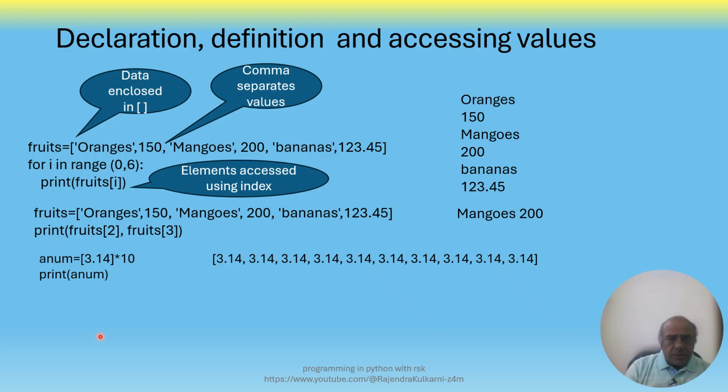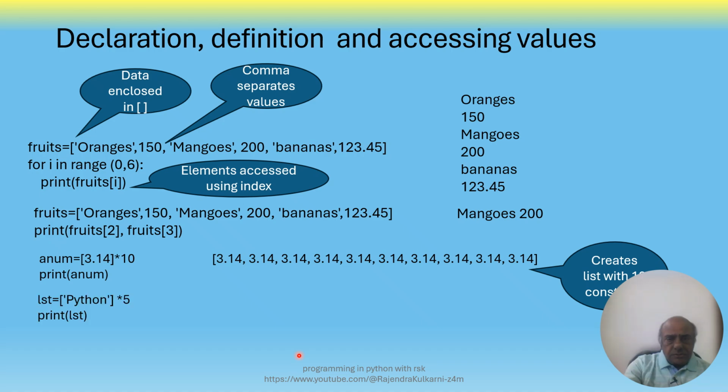That is possible. Just by this multiplication star sign and constant 10, 3.14 has been assigned to list enum 10 times. Same with strings, a list with Python as the value. How many times? 5 times, because here I have mentioned 5.